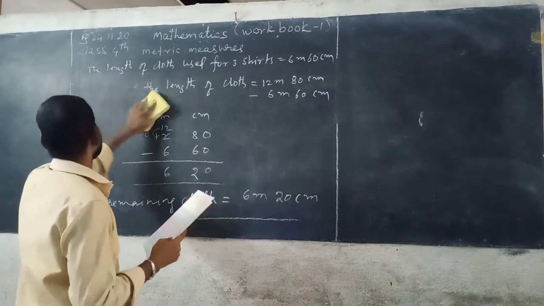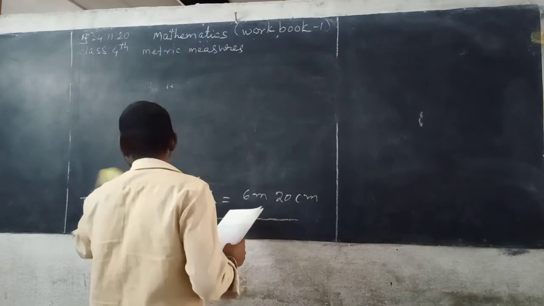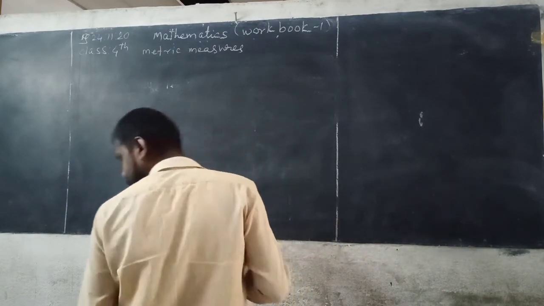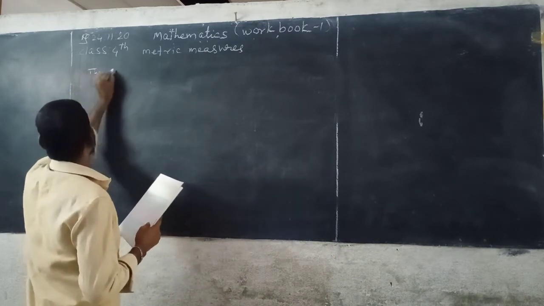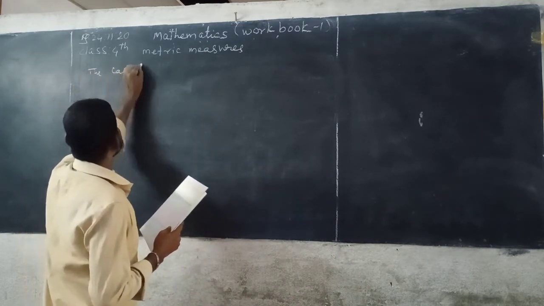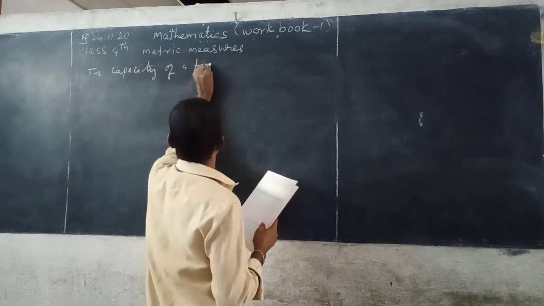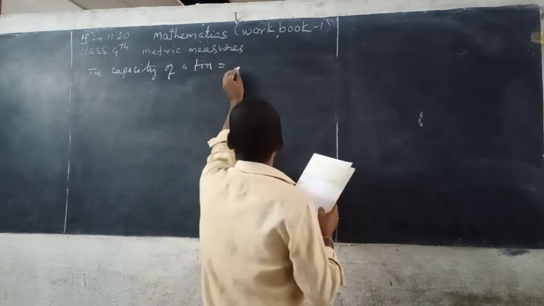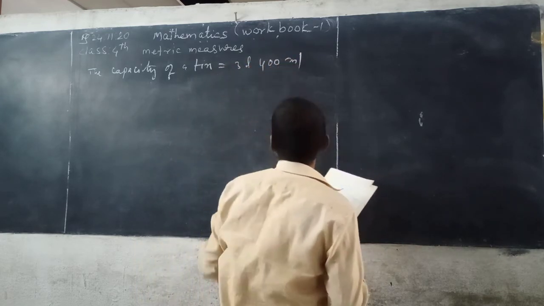See here, the capacity of a tin is equal to 3 liter 400 milliliter.